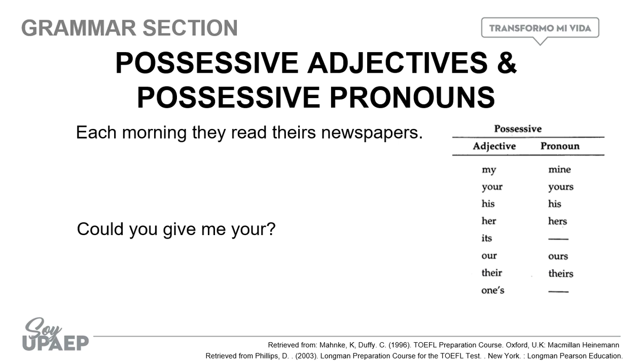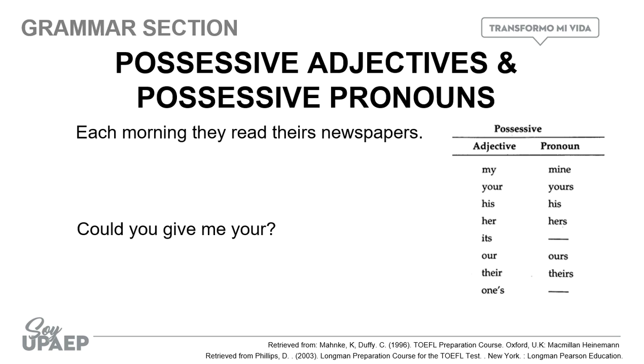So try to correct these sentences. Each morning they read theirs newspapers. And could you give me your? Try to identify what the problem is. In the first case, the problem is theirs. Remember, when you have a possessive adjective, you have a noun after it.